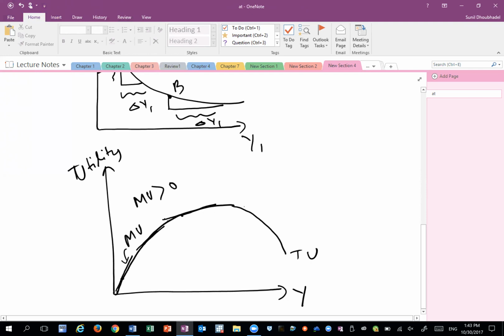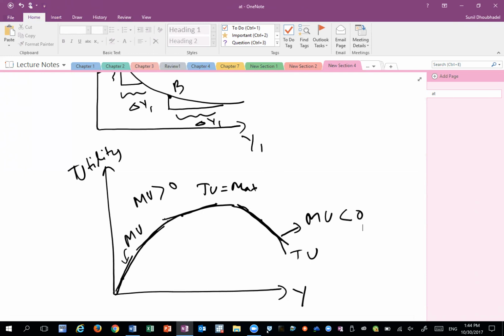It's not negative. It starts to become negative only after this point, where total utility is maximum, and then it starts to decline. At these points, marginal utility is negative because total utility is declining.